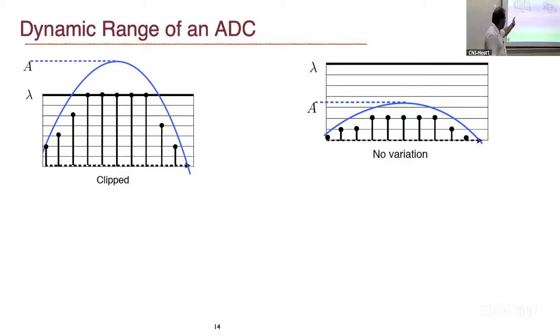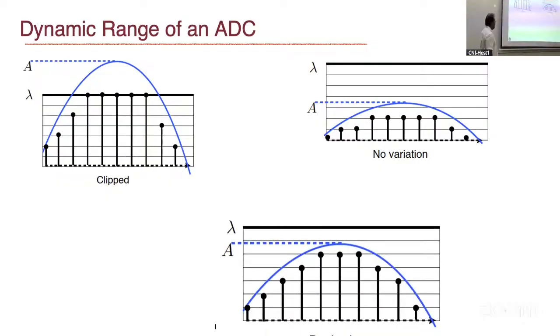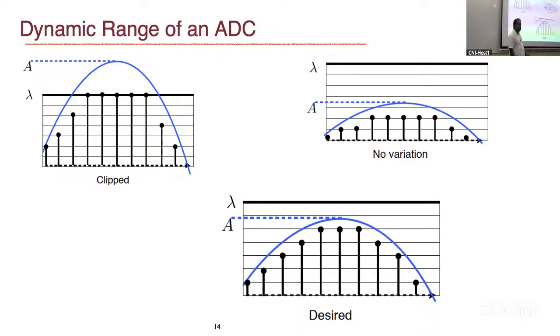It looks similar to what happened with clipping. You cannot detect any changes. The ideal scenario is something like this: your signal should go through the entire dynamic range of your ADC. So we have two undesirable scenarios and one desirable scenario.